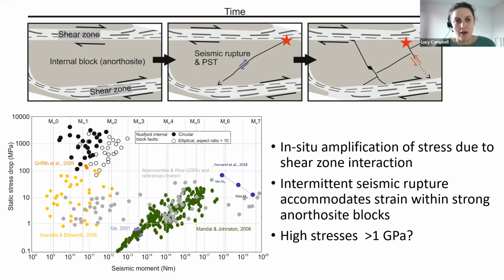But locally, we're going to be able to amplify those stresses to the failure strength, essentially, of the anorthosite block. And when we do that, we're going to rupture the block, the stress is released, and the viscous creep carries on. So both the viscous and the frictional processes are contributing towards the overall behavior and accommodation of strain within the shear zone.